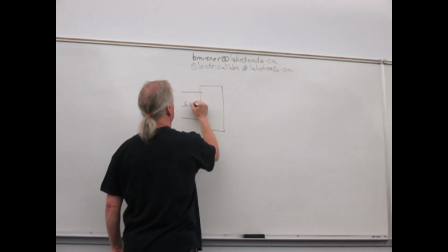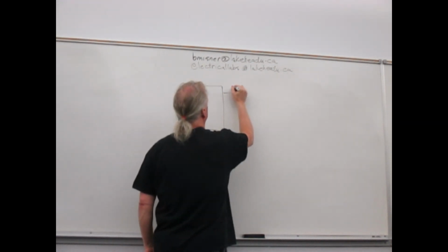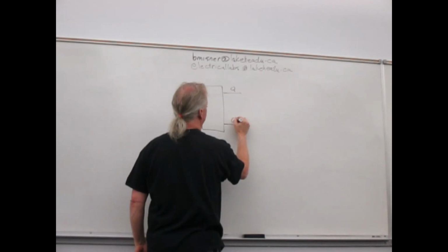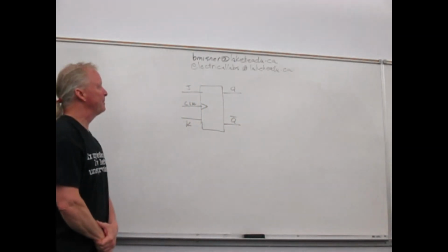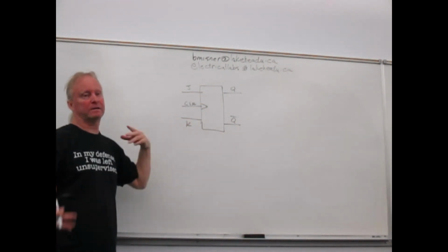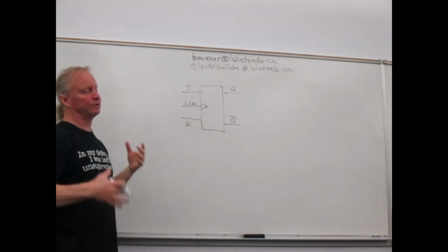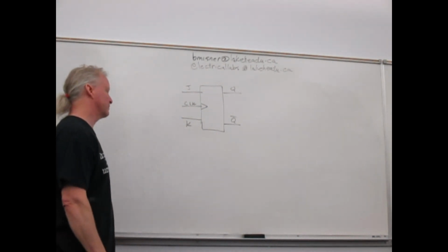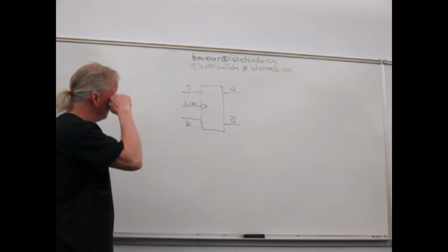Again, you have a clock, you have a J, you have a K, and then you have your Q and your Q bar. Okay? And again, you'd have the set and clear, or preset, or, I mean, again, there's different terminologies for those lines. Again, so I'll just not draw those in right now.